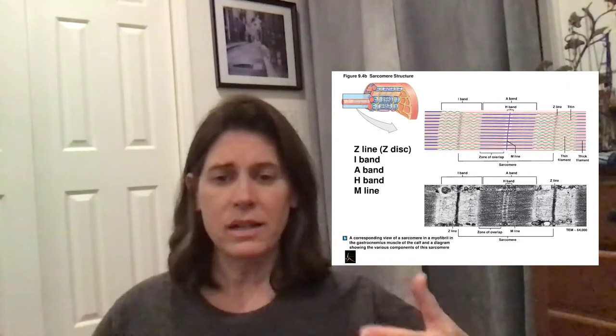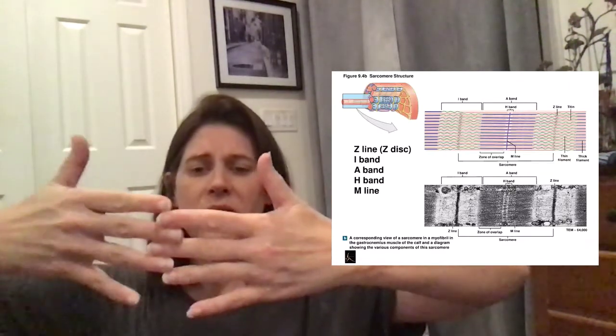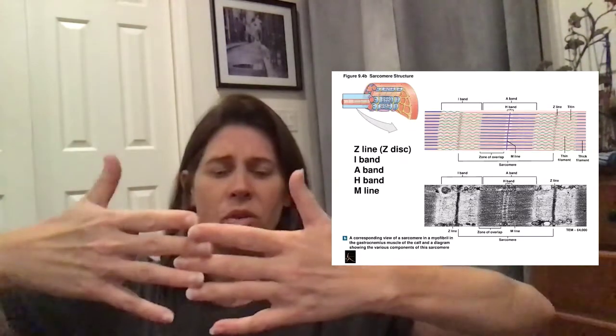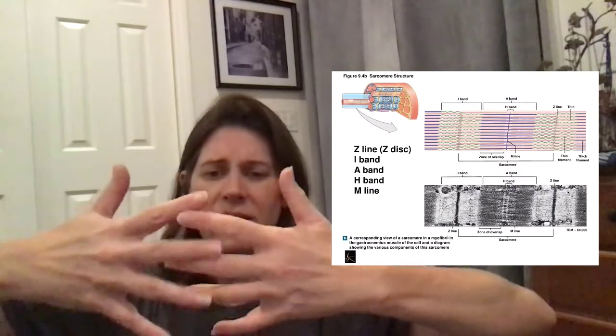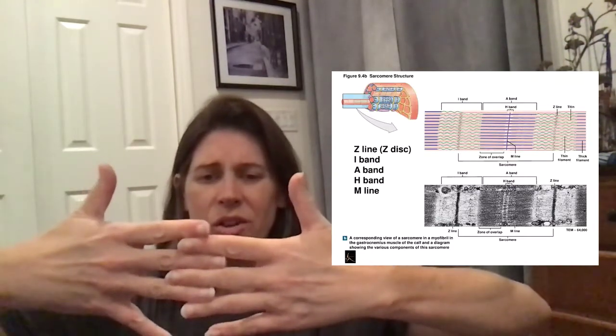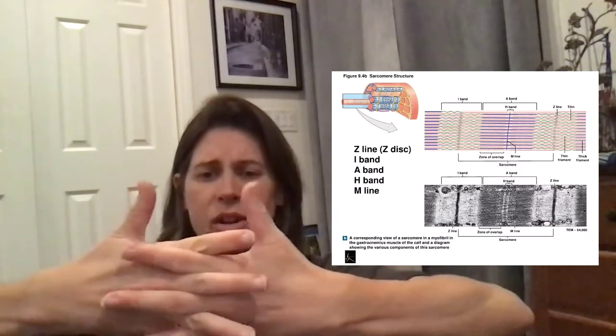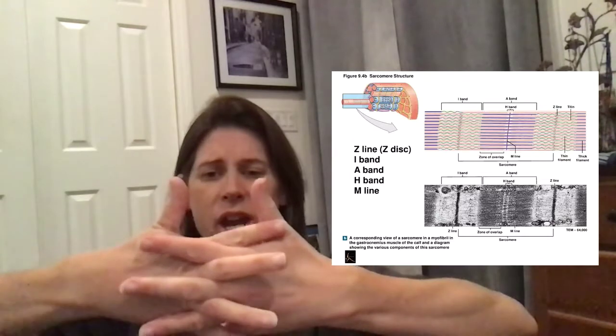So actin and myosin don't shorten. Okay, just the sarcomere. So if I put my fingers together like this and you see my thumbs, pretend my thumbs are the Z discs, and my fingers are the interaction of actin and myosin. My fingers are going to slide across one another, and you can see my thumbs get closer together. So I just produced a contraction.